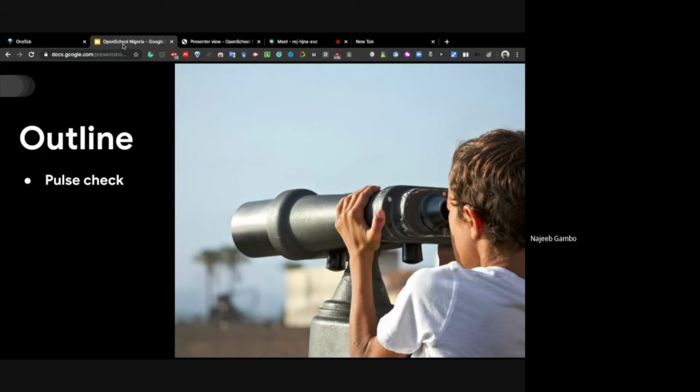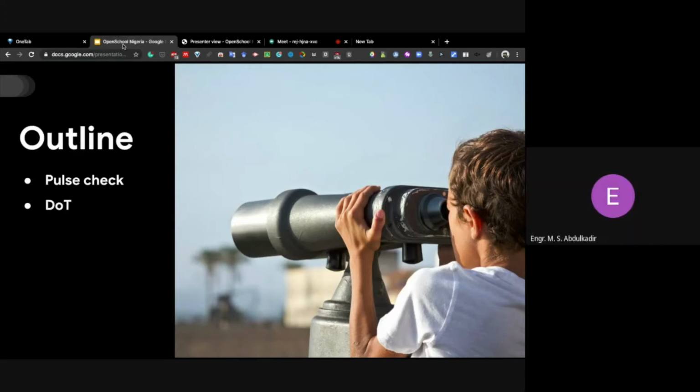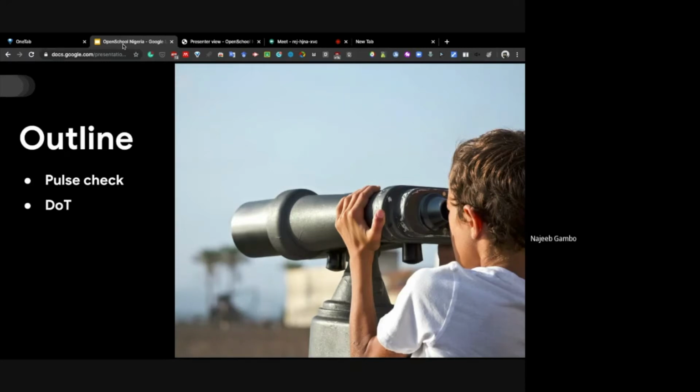The first thing we are going to do is check the temperature of the participants. The second is to provide an overview of definition of terms. Then we will delve into stakeholders' roles. Then we look at the challenges, and lastly, we are going to look at the questions and answer session.